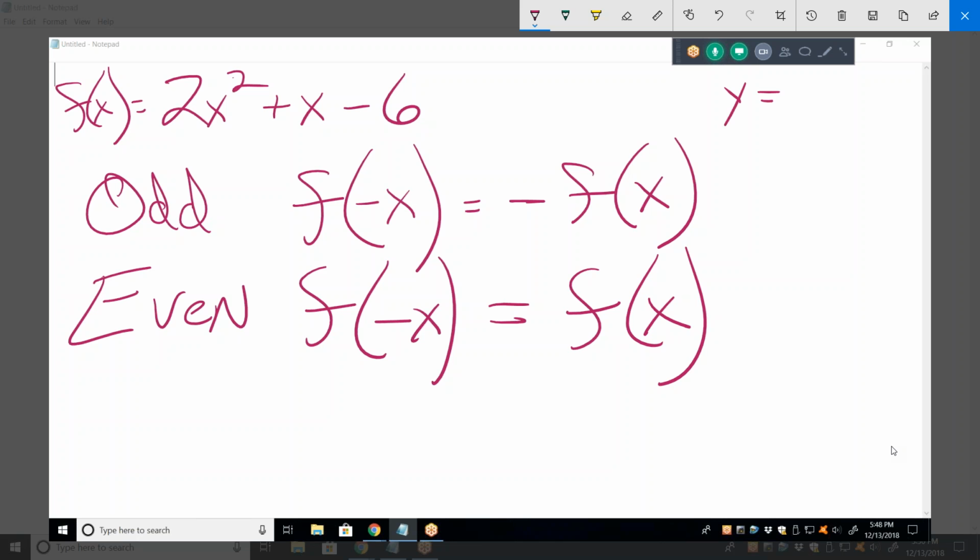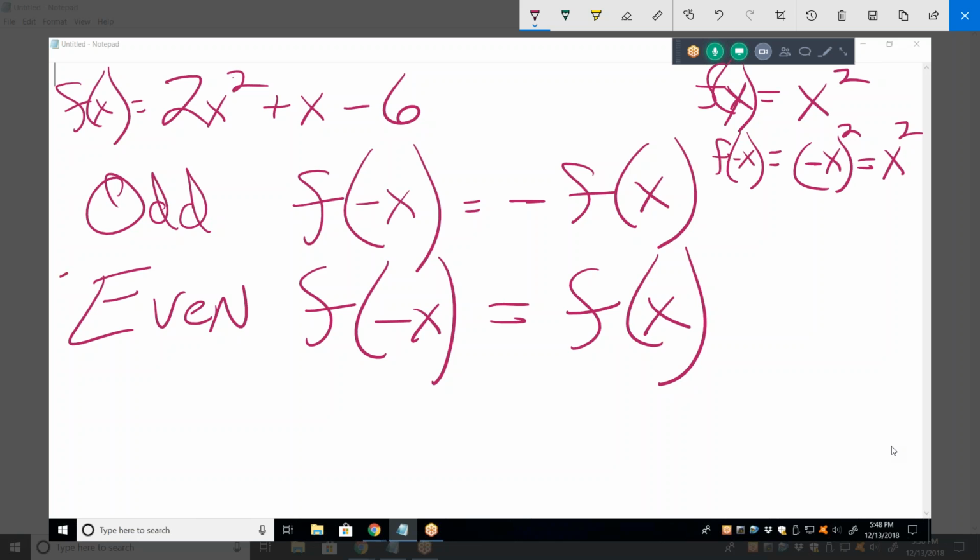y equals x squared, and the reason I take this one is because it's got an even exponent. That is an even function. Why? Because if I substitute minus x for x, I still get x squared. In other words, f of x is equal to x squared, and f of minus x is also equal to x squared.